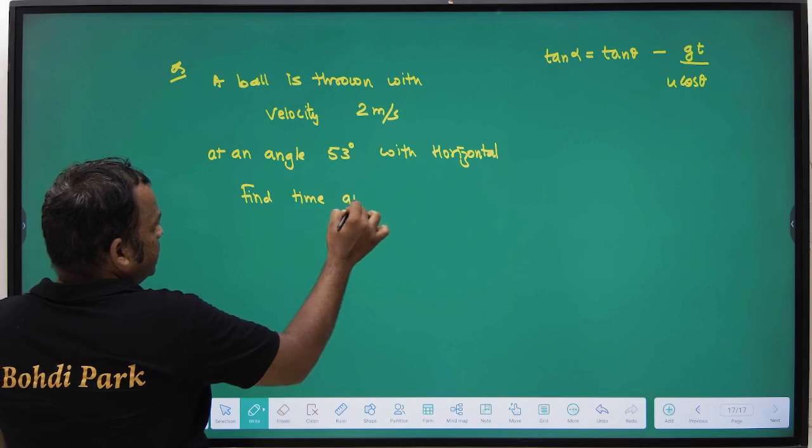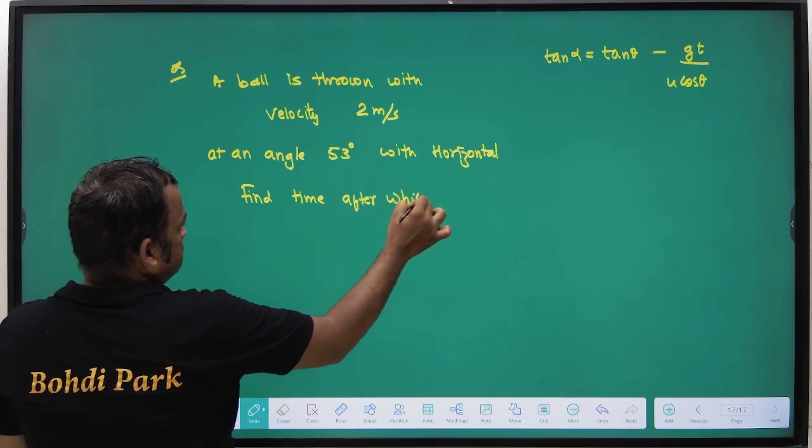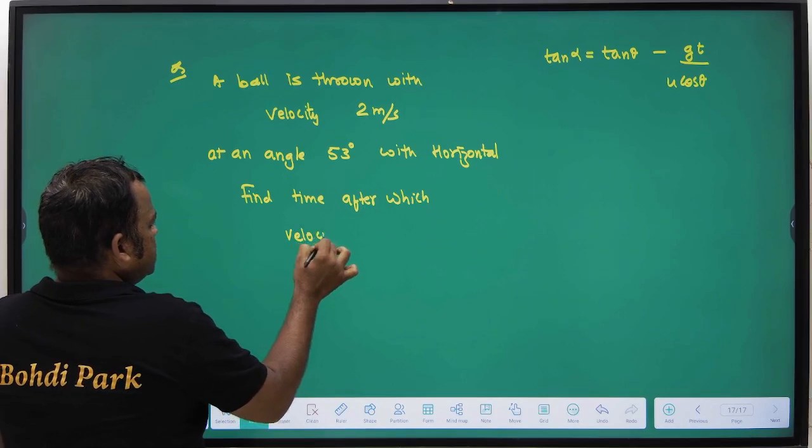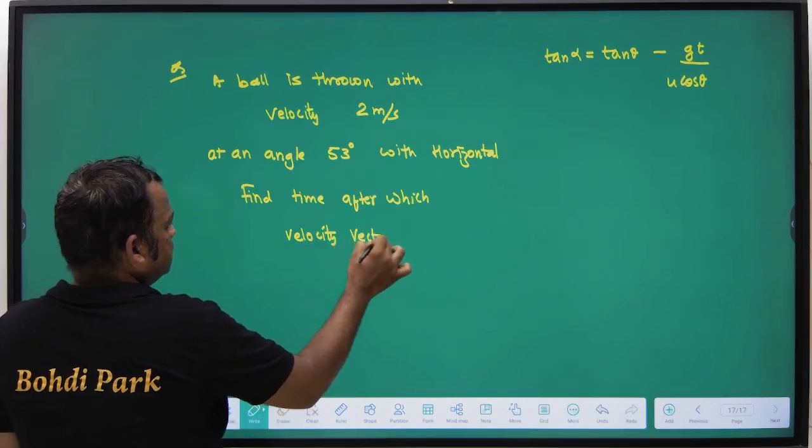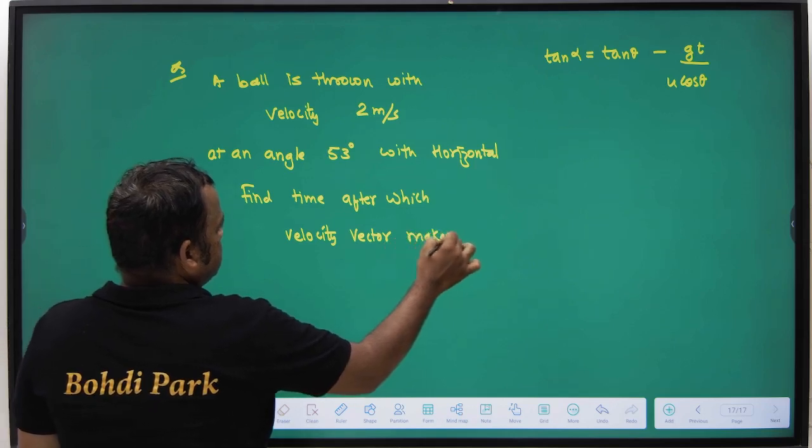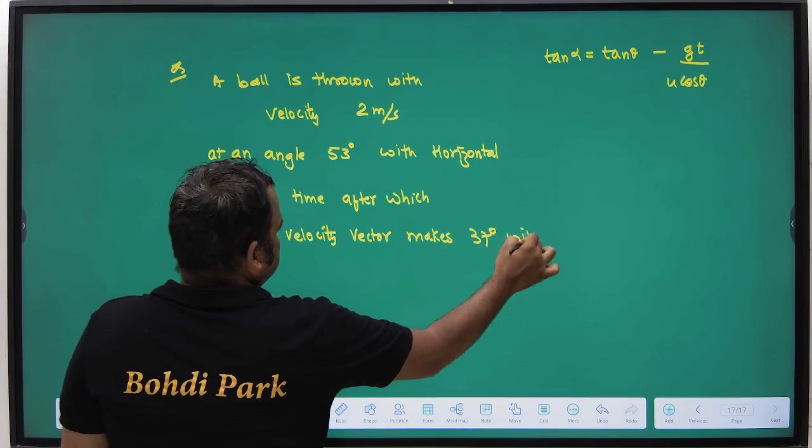Find the time after which the velocity vector makes 37 degree with horizontal.